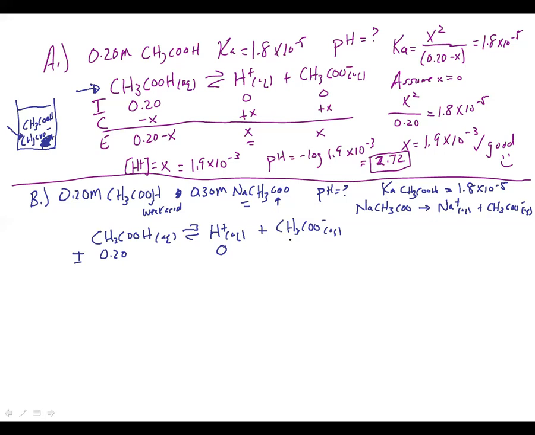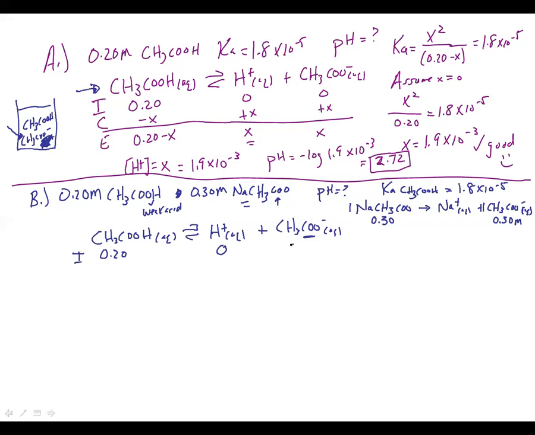So we will not have a 0 here for this guy. We will actually have a number, and the number would be supplied by the sodium acetate. Since the sodium acetate is 0.3 molar, it's a 1-to-1 relationship between the sodium acetate and the acetate. The concentration of the acetate will also be 0.3 molar.